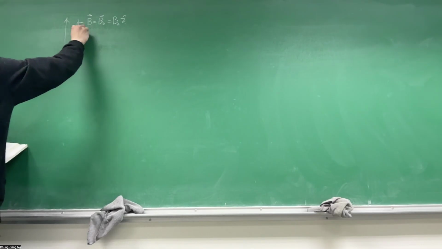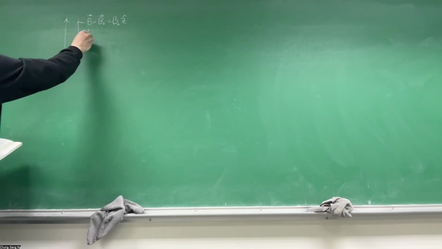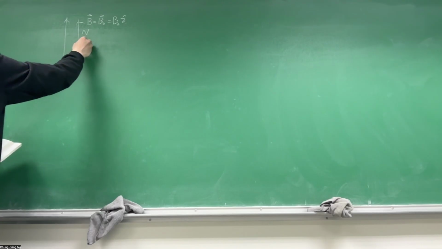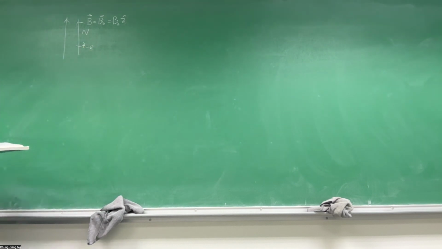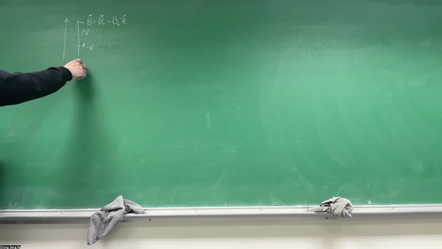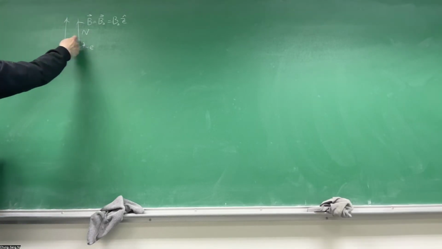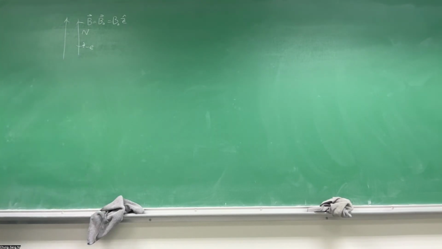Later on, we'll need the electron density, capital N. The electrons have negative charge, and Jackson uses e as a positive constant, so the charge is minus e. With no electric field, the electron will rotate around the background magnetic field.